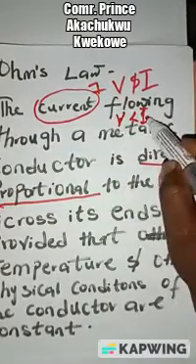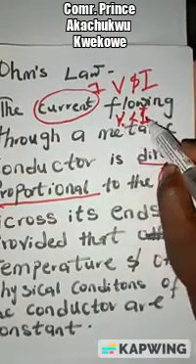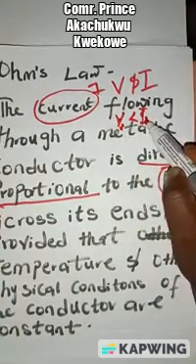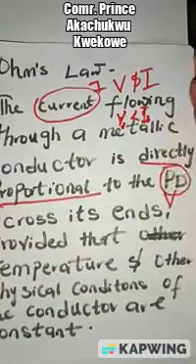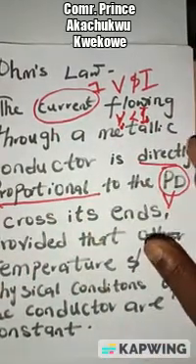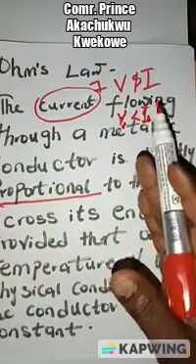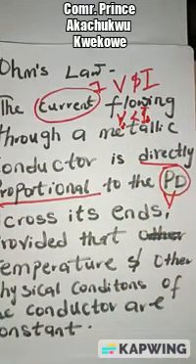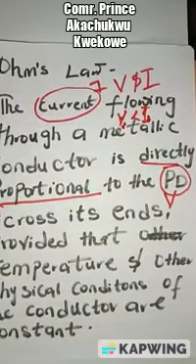If this one increases, this one will increase. If this one decreases, this one will also decrease. So it's just that mathematical formula that was shown, but represented in word format. This is the non-mathematical representation, and that other one we looked at is the mathematical representation. You get that? So that's that.